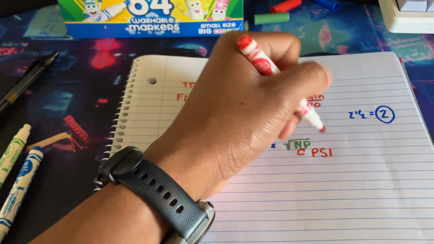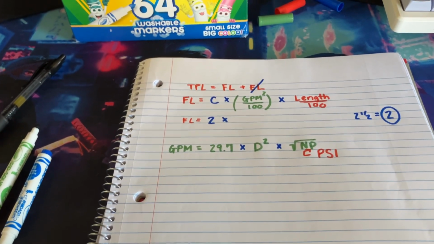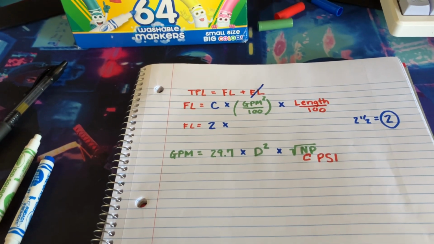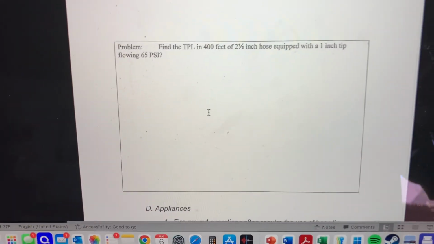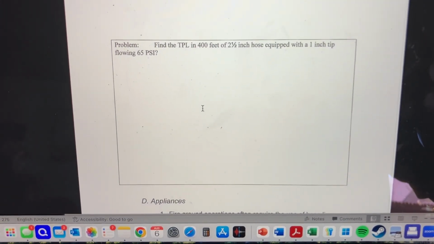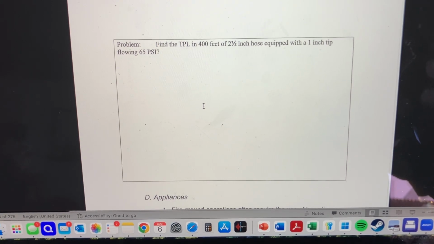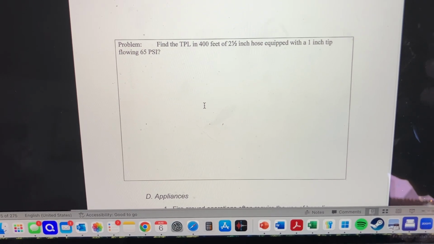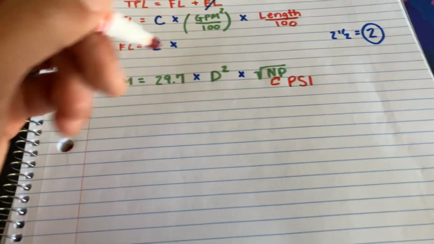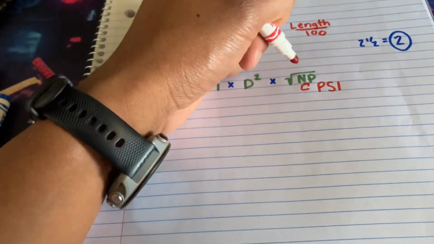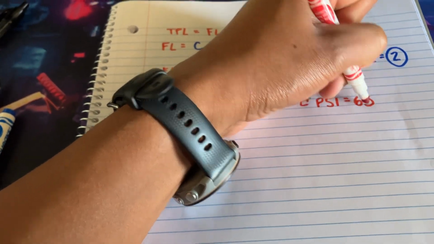And we know the question said TPL in 400 feet of 2.5-inch hose with a 1-inch tip flowing 65 PSI. So we know our PSI is 65.